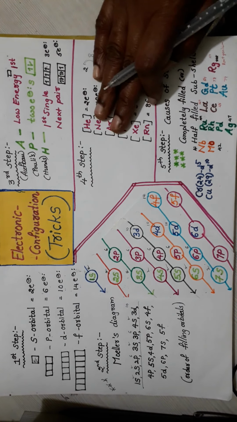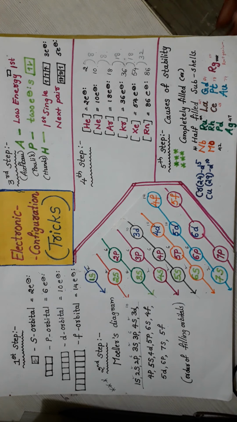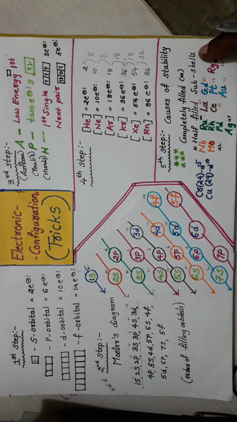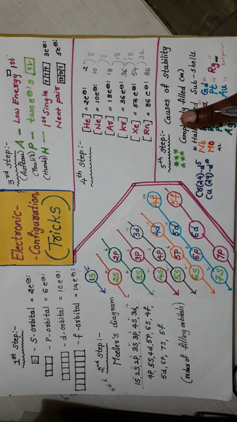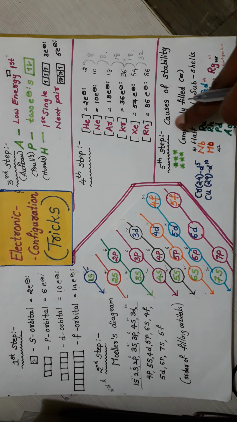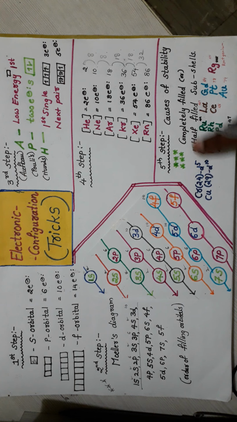Next, the fifth step. In some exceptional cases we see that half filled or full filled subshells show more stability. Due to that reason we change the electronic configuration somewhat in the outermost orbital or valence shell.